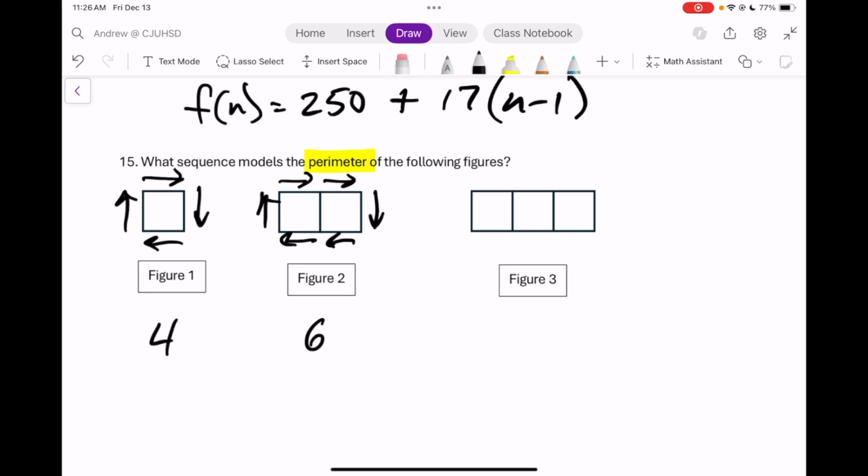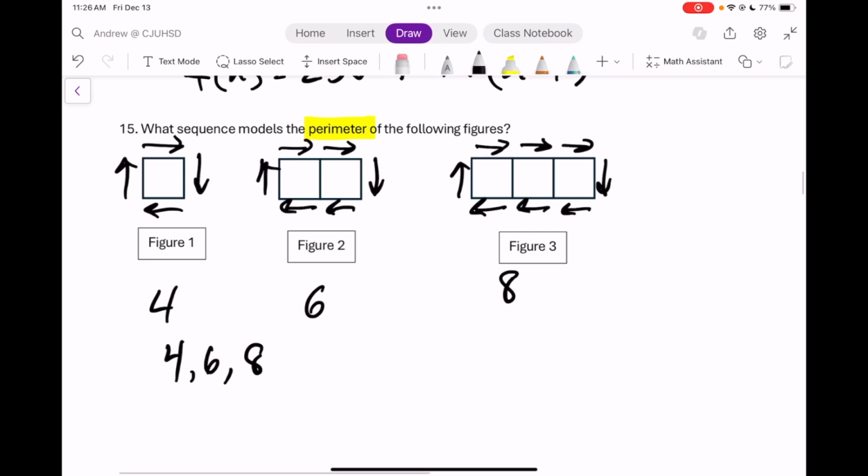In figure 3, you go 1, 2, 3, 4, 5, 6, 7, 8. So it's the sequence that goes 4, 6, 8. Now, I don't think that on the final that's going to be asking you for the explicit equation, but that's what perimeter means.